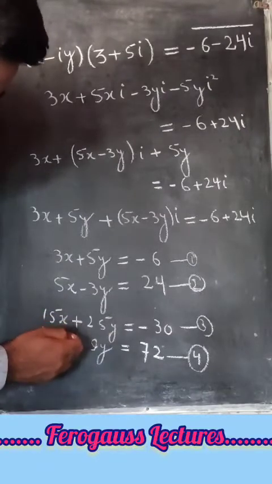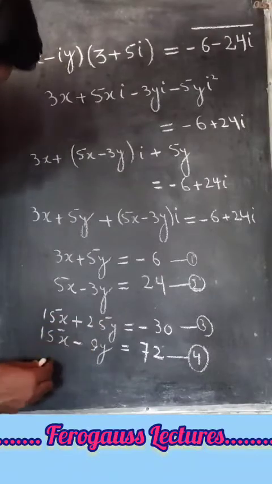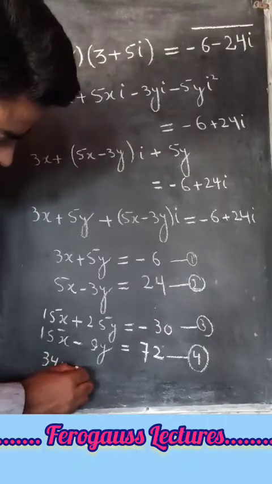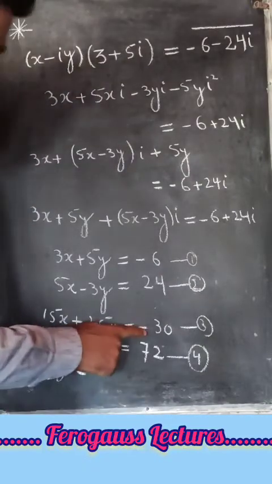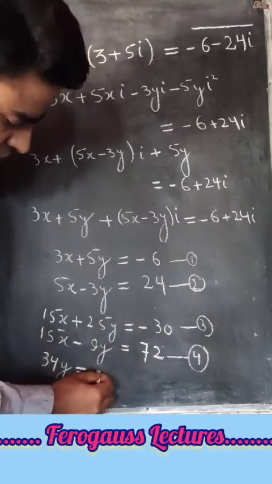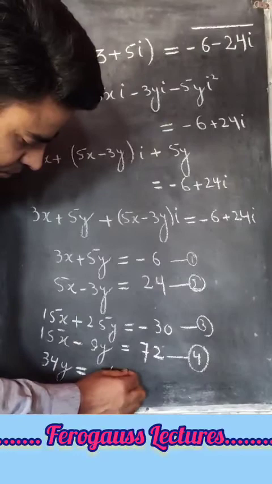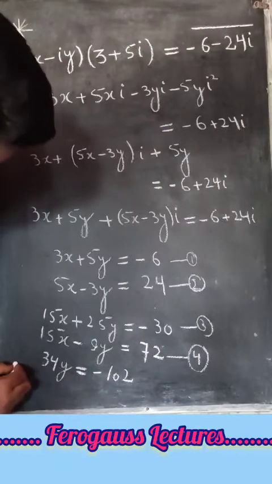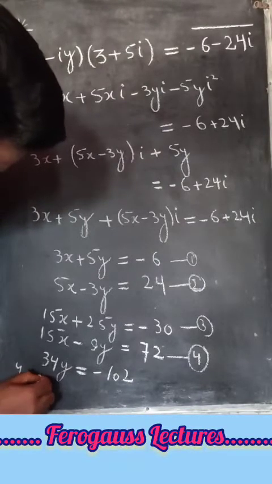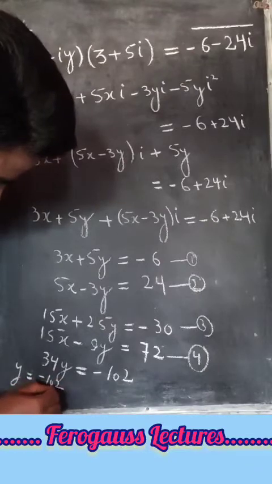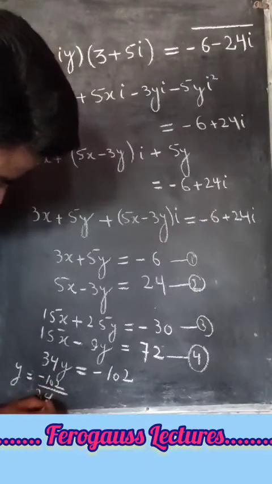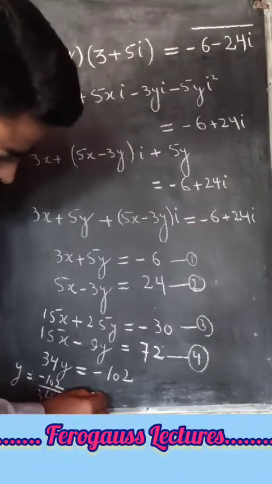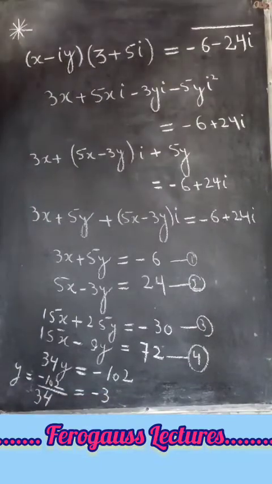It is 25y minus (minus 9y), so it is 25 plus 9, that is equal to 34y, which is further equal to minus 30 minus 72, so it becomes minus 102. Or we can write y is equal to minus 102 divided by 34. So that is equal to, 34 ones are 34, 34 threes are 102, so it is minus 3. Thus we get y is equal to minus 3.